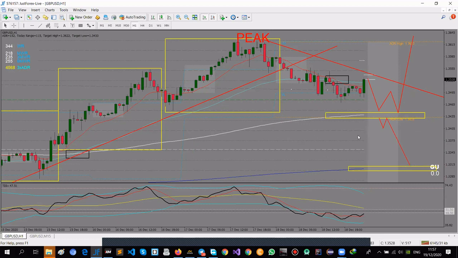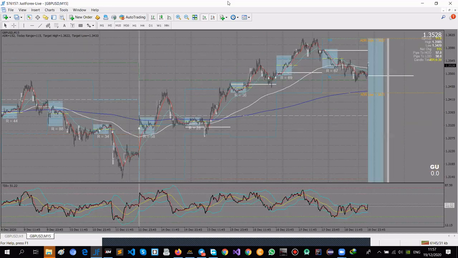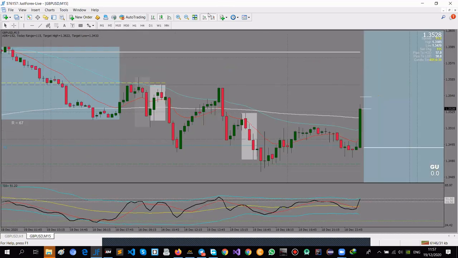So it's also a possibility. There are both possibilities. We trade possibilities, then we wait for confirmation, then we execute. We are not stuck to a particular mindset or a particular trade opinion. We shift and we change according to the market makers, because we trade along the market makers. We don't trade against them.